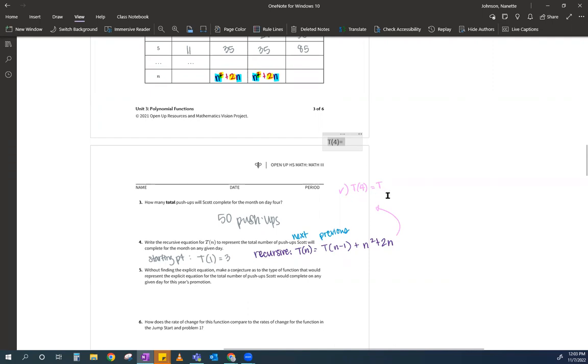Okay. And it's still taking a long time. So I'm going to keep going with this. T of 4 minus 1. I'm just copying this equation right here. Plus 4 squared plus 2 times 4.